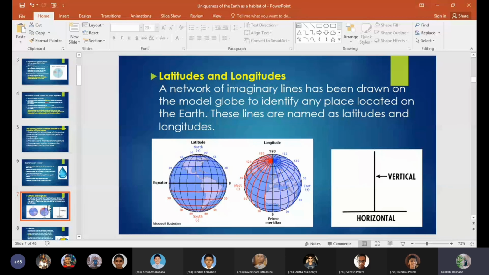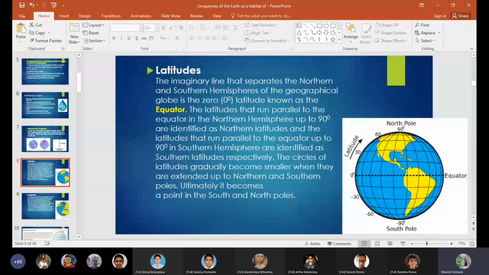The imaginary line that separates the northern and southern hemispheres of the geographical globe is the zero latitude, known as the equator. You have already learned these things. The equator divides the earth into two parts, the northern hemisphere and the southern hemisphere.